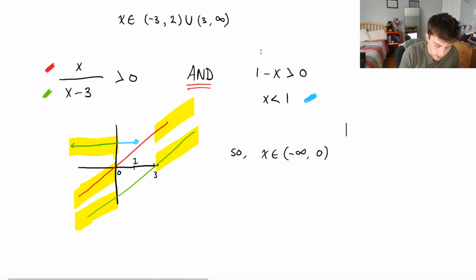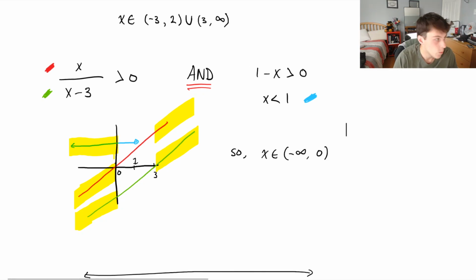So now let's draw a large number line. And we've got from -3 to 2 and from 3 to infinity. So let's just look at our critical numbers. -3, 2, 3, and 0. So we've got -3, and this is obviously not to scale. -3, 0, 2, and 3.